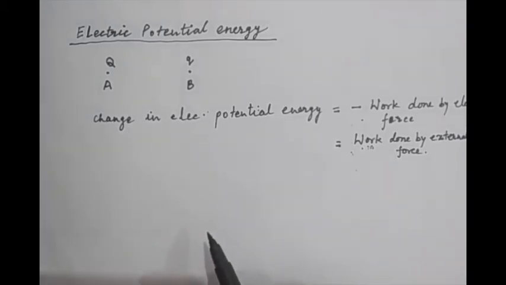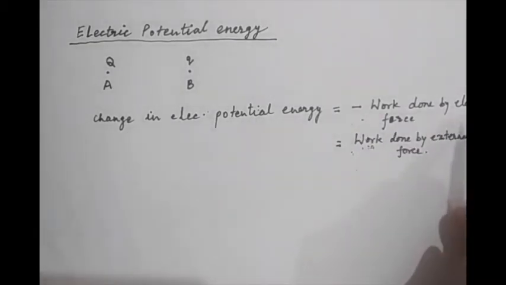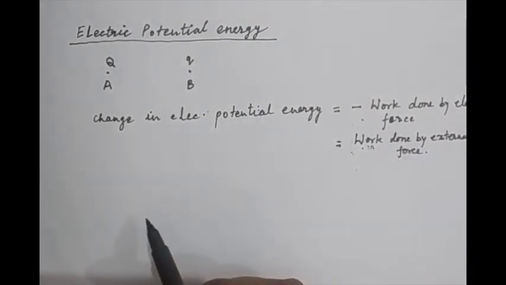Suppose we have to find the electric potential energy of two charged particles, or a system of two charged particles. For this, we can use this formula and find an expression for change in electric potential energy.